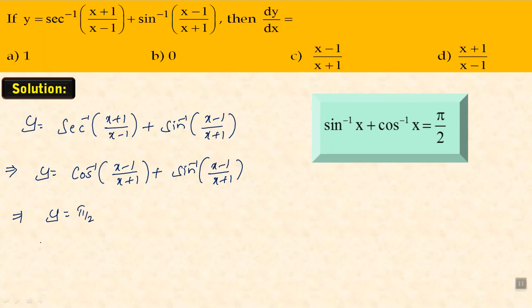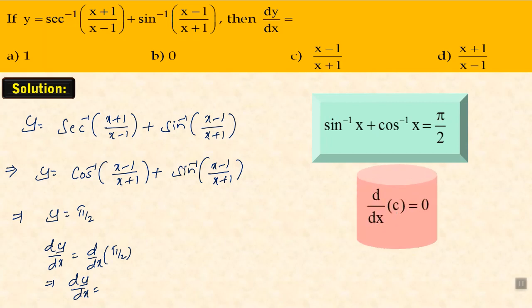Now differentiating with respect to x on both sides, we get dy by dx is equals to d by dx of pi by 2. Here pi by 2 is constant. We know that d by dx of constant is equals to 0. So here 0. Therefore, the answer is option B.